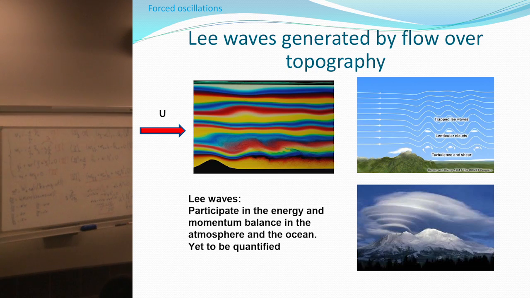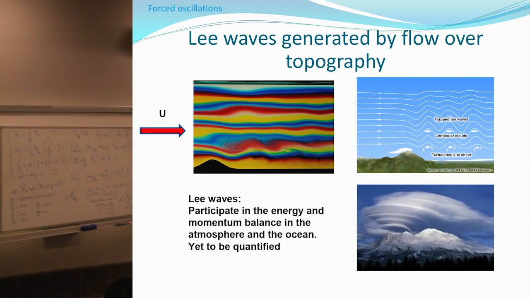Regarding forced oscillation, I've been talking so far about tidal motion, but there are also other forcings at play. For example, we can have the interaction between a constant flow and a bottom topography that can also induce some internal waves that are stationary, attached to the topography. Here you have some examples in the atmosphere.